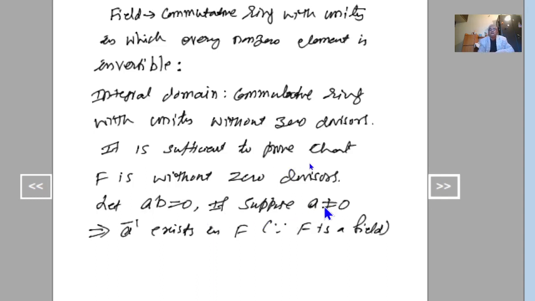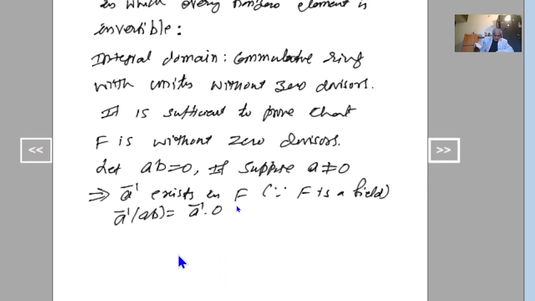If A is not equal to 0, then A inverse exists. Now operating by A inverse on this equation. So that's here A inverse into AB equal to A inverse into 0. Left hand side can be written as A inverse into A into B equal to, we know that A into 0 equal to 0. Therefore, A inverse into 0 is equal to 0.